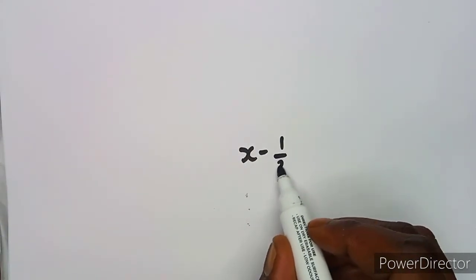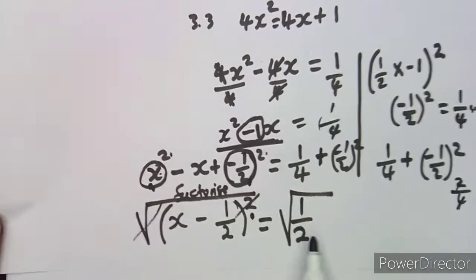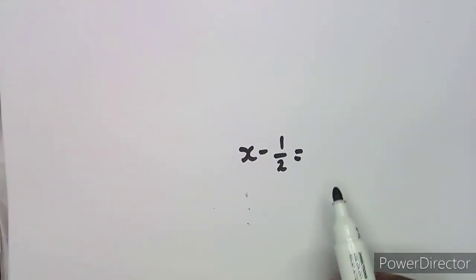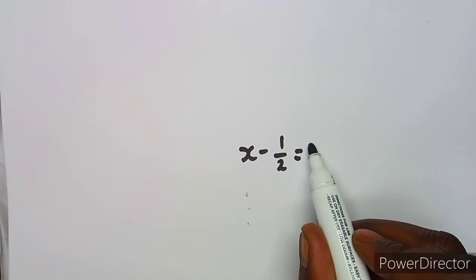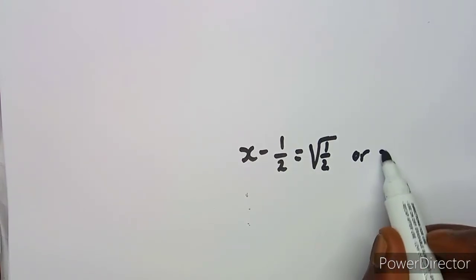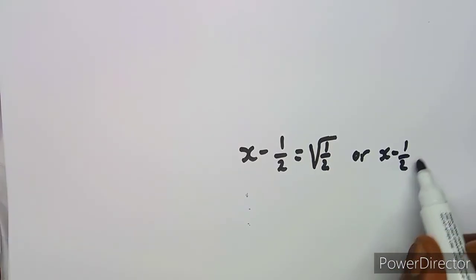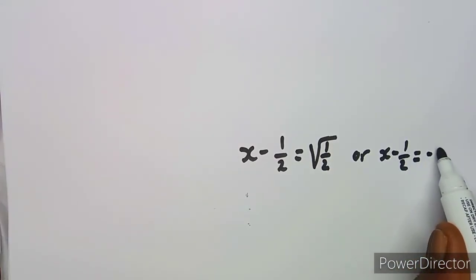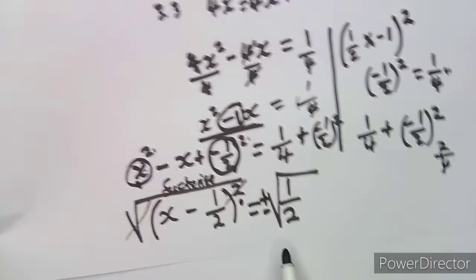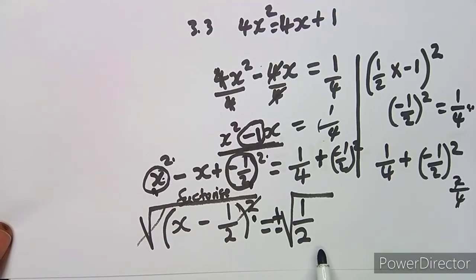So x minus half is equivalent to the square root of half, and we know that the square root of any number is plus or minus. So we are going to have plus square root of a half in this case, or x minus a half is equal to minus the square root of a half, because one answer is a plus and another one is a minus.